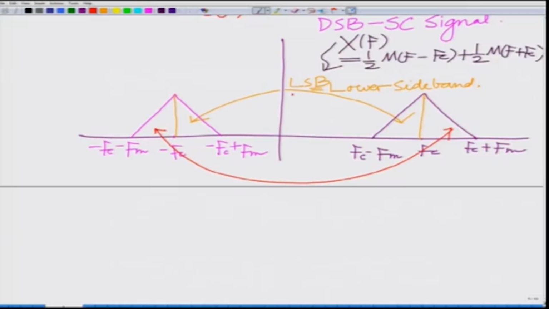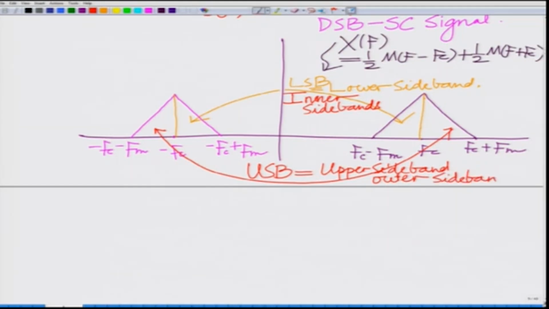So, the lower side band is comprised of the inner side bands, and the USB, the upper side band, is comprised of the outer side bands.